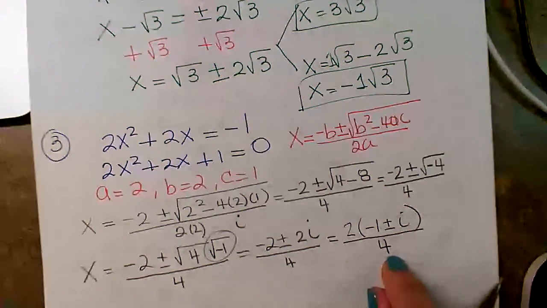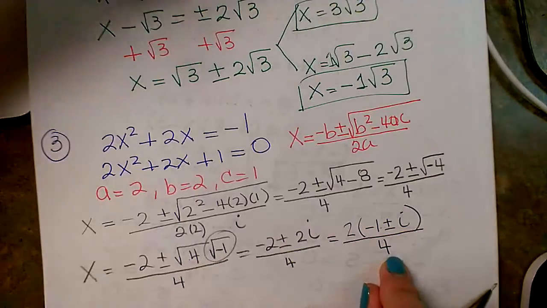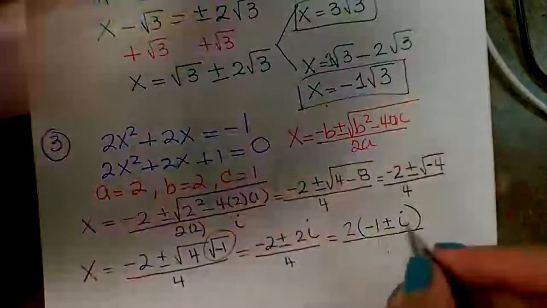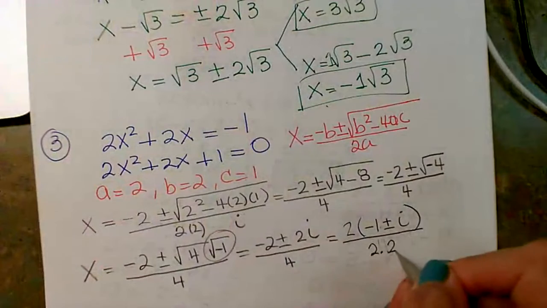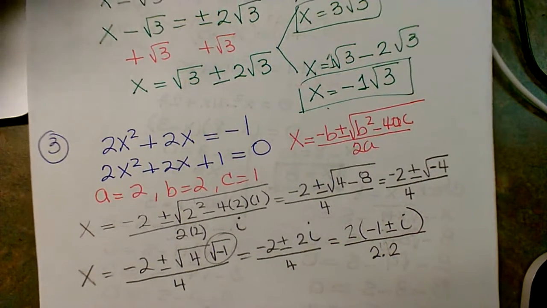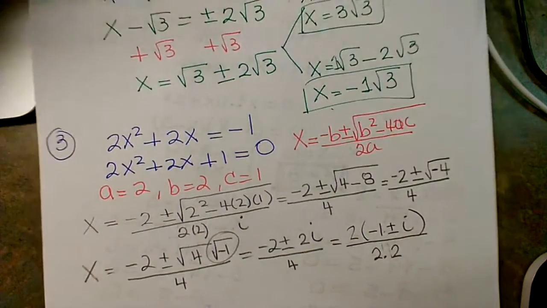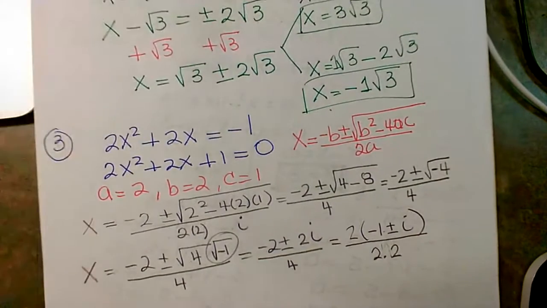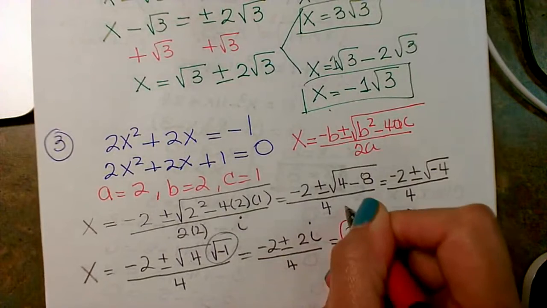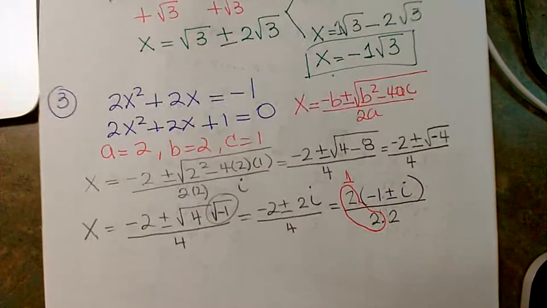So I could simplify it here, right? Another way to show you this is 2 times 2. So we're making a 1 here.